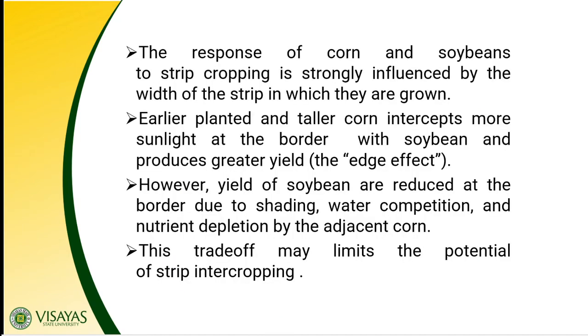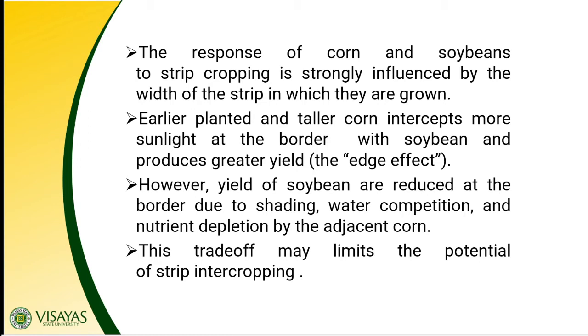The response of corn and soybeans to strip cropping is strongly influenced by the width of the strip in which they are grown. Earlier planted and taller corn intercepts more sunlight at the border with soybean and produces greater yield, because it has this edge effect or border effect.